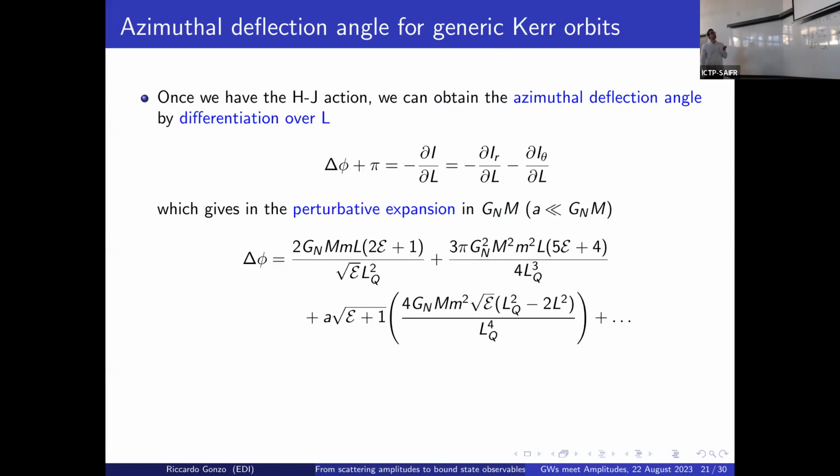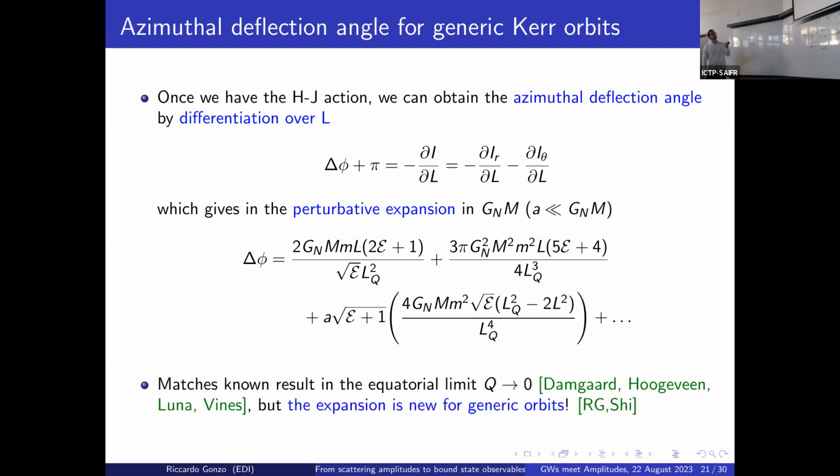So the first one is the azimuthal scattering angle, which is just a derivative. It's a conjugate variable to the orbital momentum. So just differentiate with respect to the orbital momentum. Here you have both radial and polar pieces. So you will just recover the standard expansion. And one thing here is, of course, we have this L and Q. So we now have some dependence on the Carter constant in the expansion.